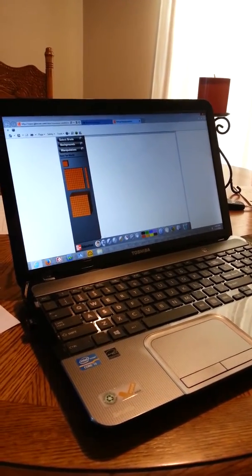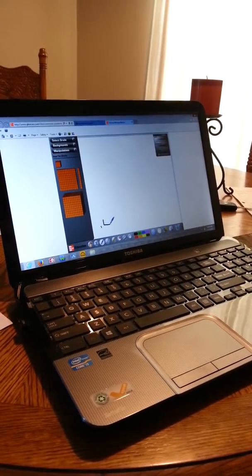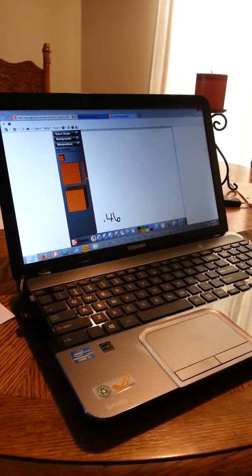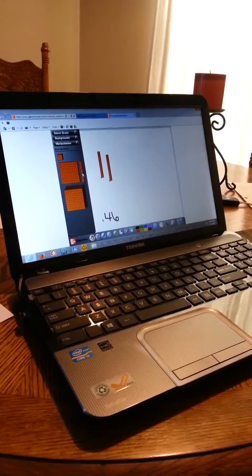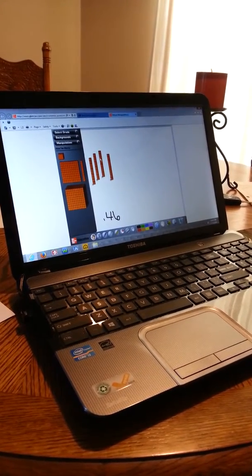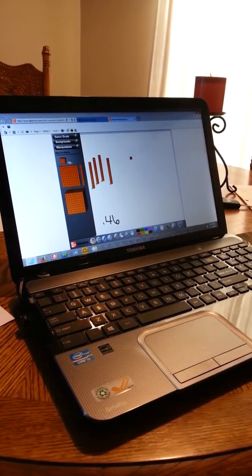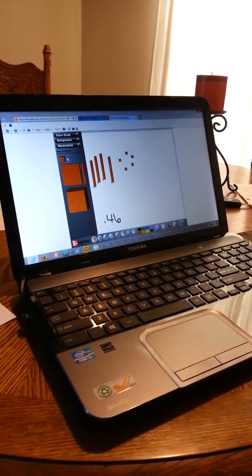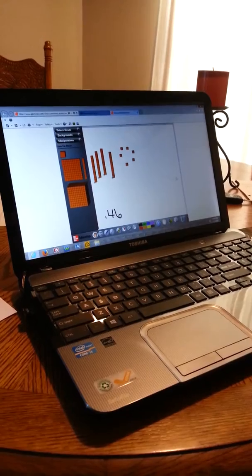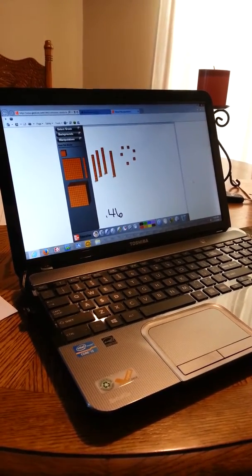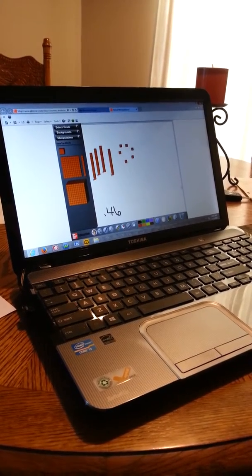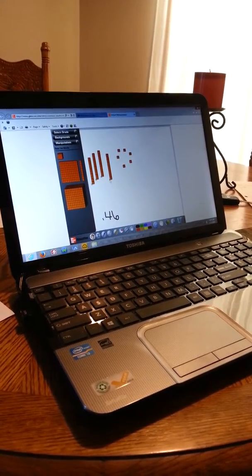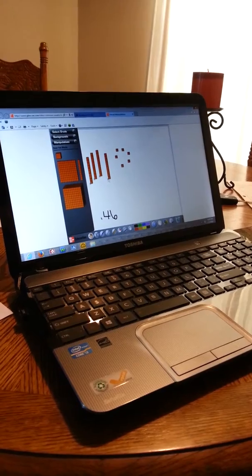if I were to give them the decimal 0.46, I would have them and show them that I would take 4 of my tens rod and 6 of my hundredths, and then I would decompose these to where they all equal 100th.